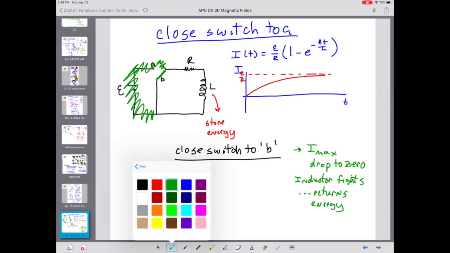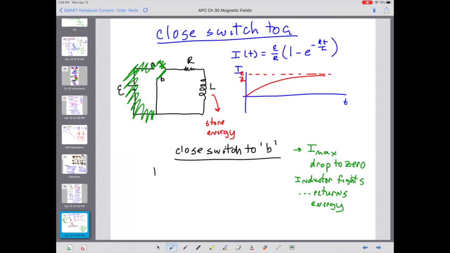So instead of the current dropping off instantly, what happens is your current, when you throw the switch to B, starting at that maximum value, it decays. And it approaches 0 as an asymptote.